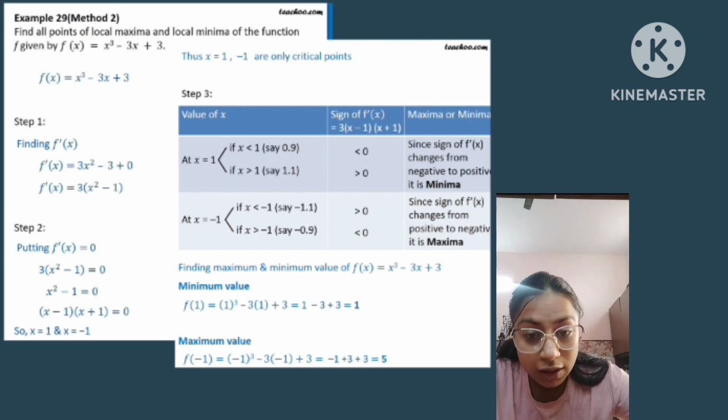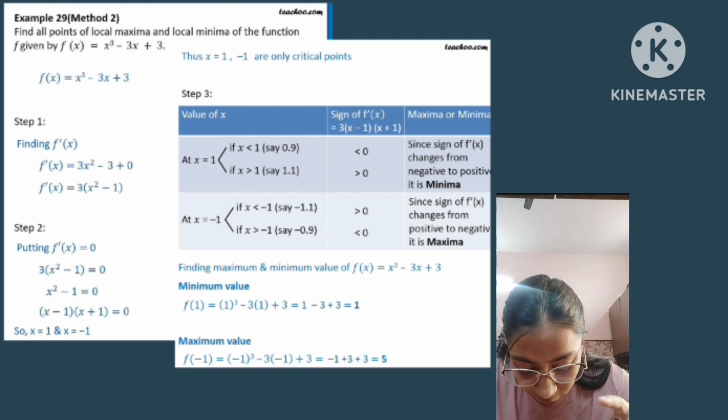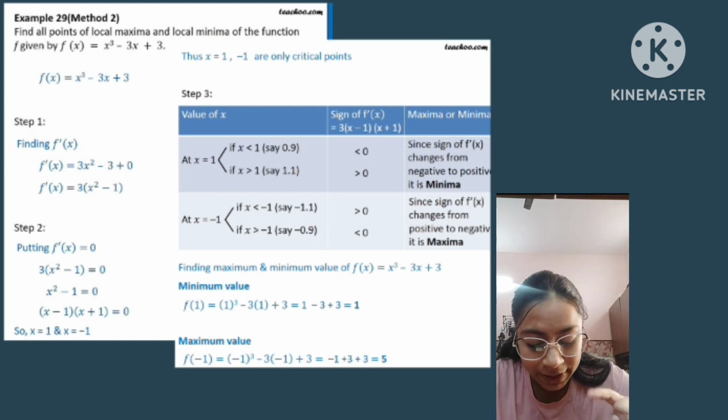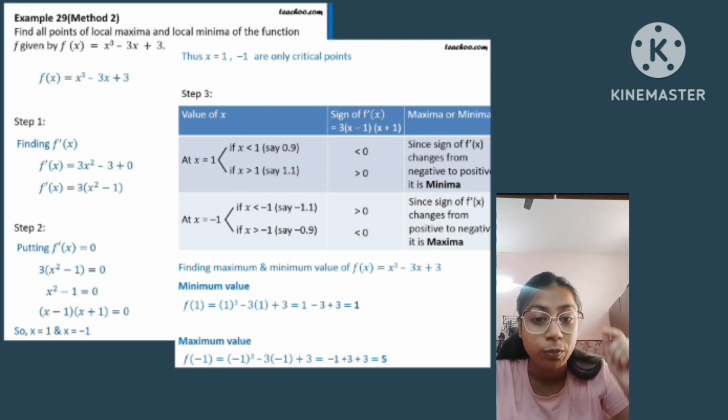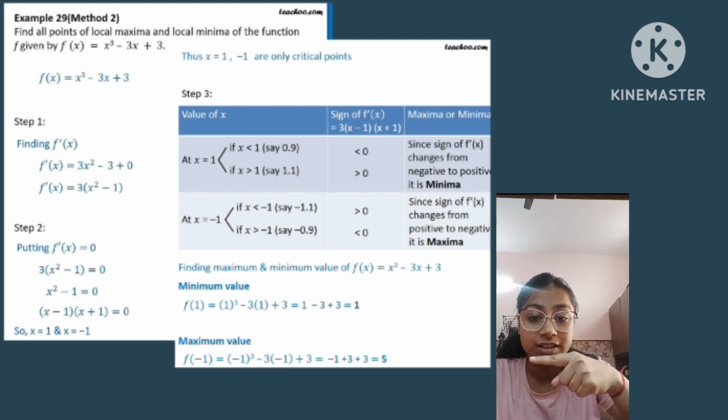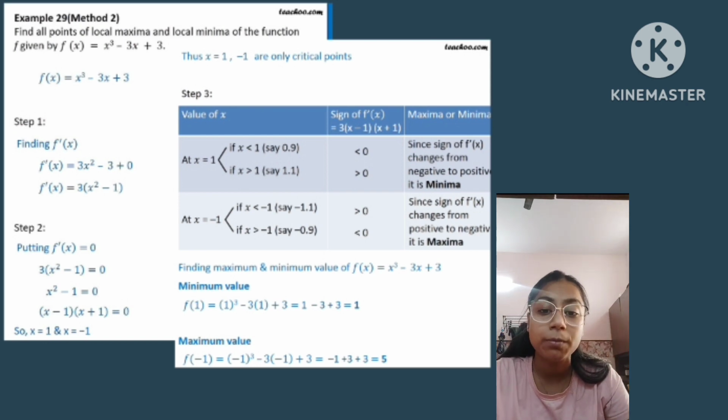in f'(x), which was 3(x^2 - 1), and we'll see that the sign of f'(x) changes from negative to positive, which means it is a point of minimum.